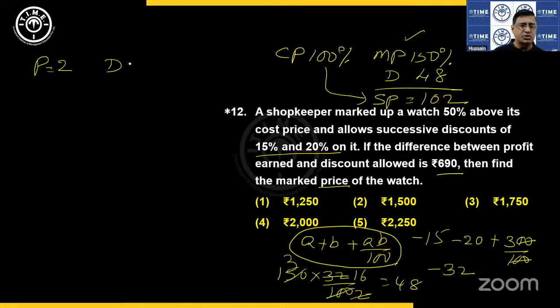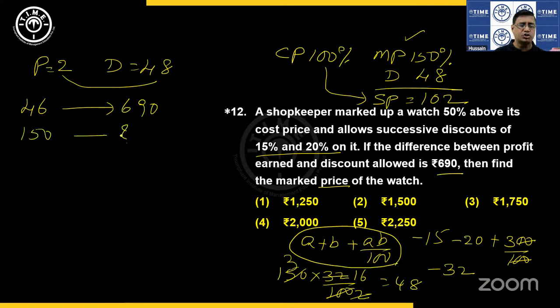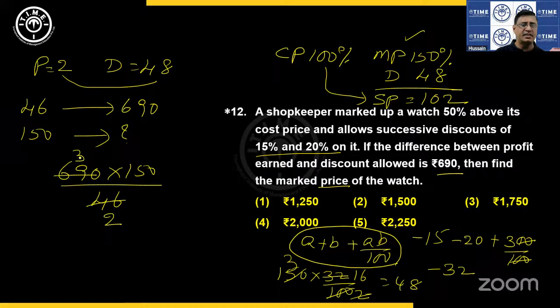And what about the discount offered? 48. The difference of these two is equal to 46, which is equal to 690. And it is asking to find out the market price. 150 is equal to question mark. Simplify. By doing cross multiplication, 690 into 150 by 46. 23, 2 times. 23, 3 times. 0 is common here.